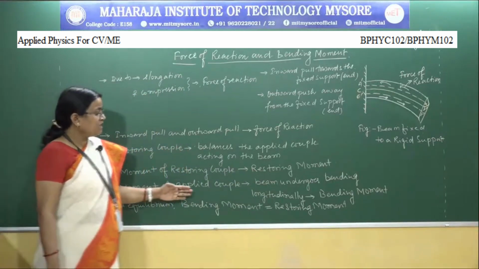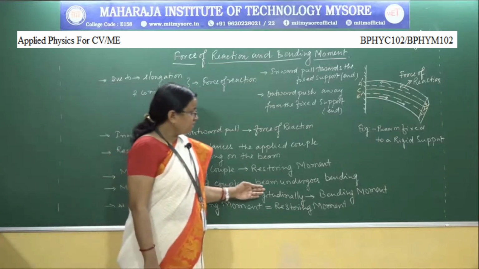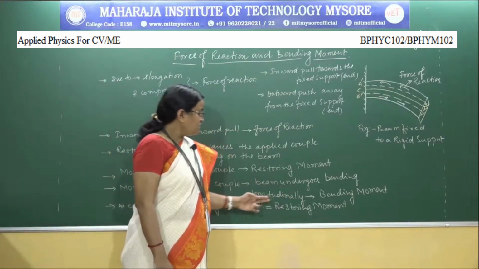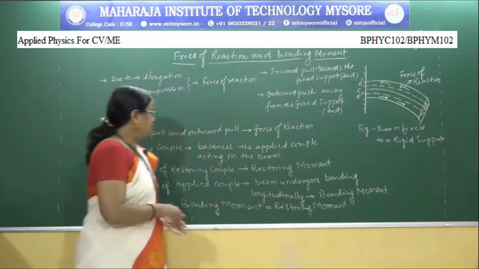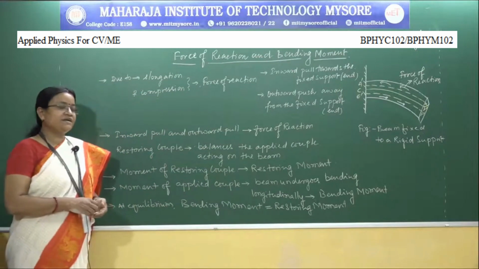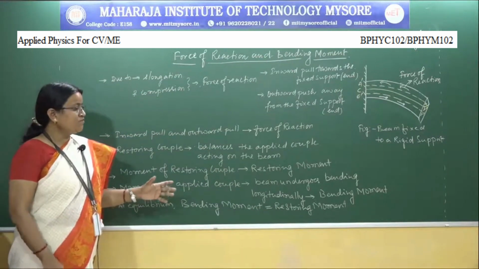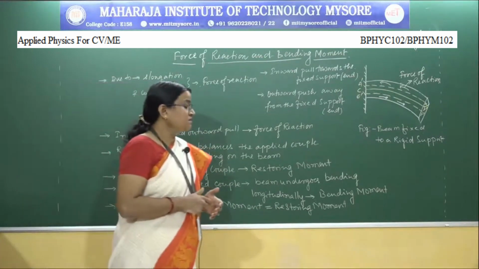The moment of the applied couple, which is subjected when the beam undergoes bending longitudinally, we call the bending moment, and at equilibrium the bending moment will be equal to the restoring moment.